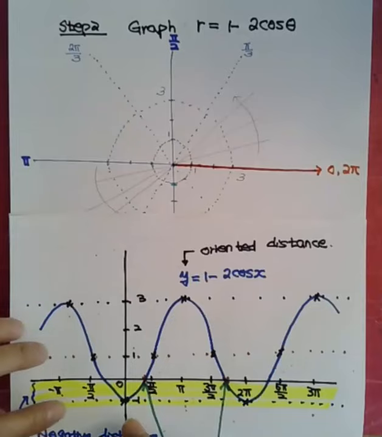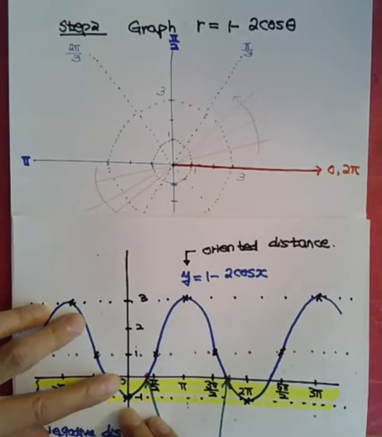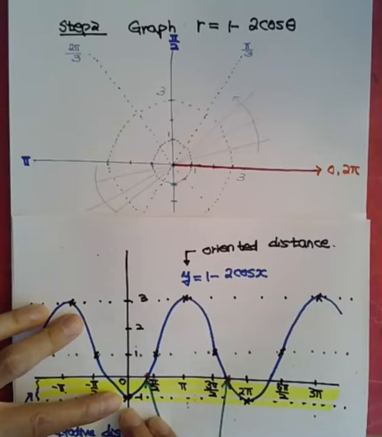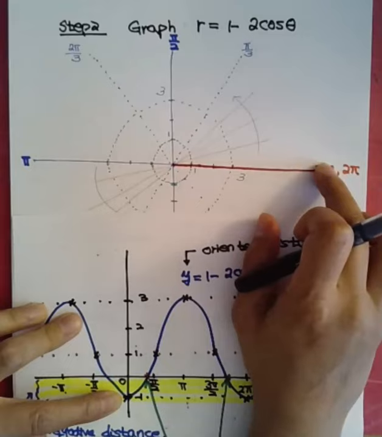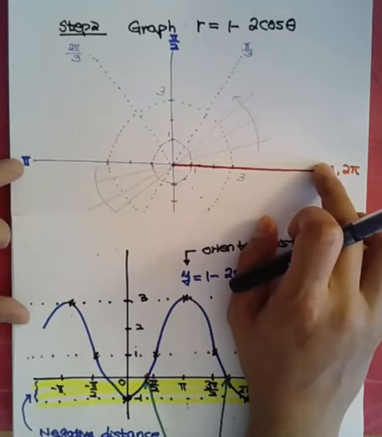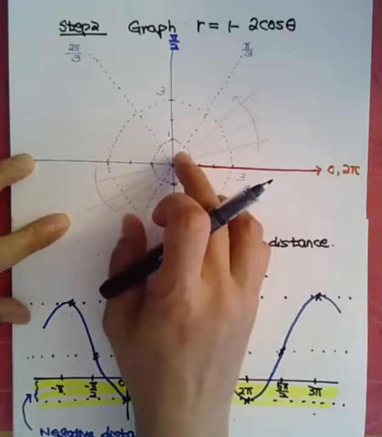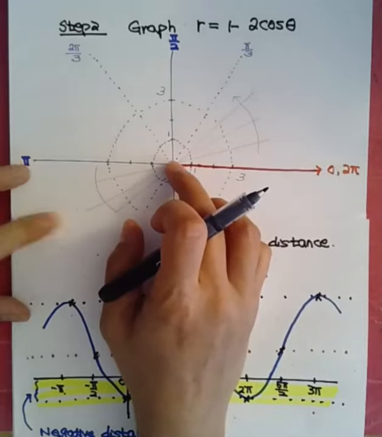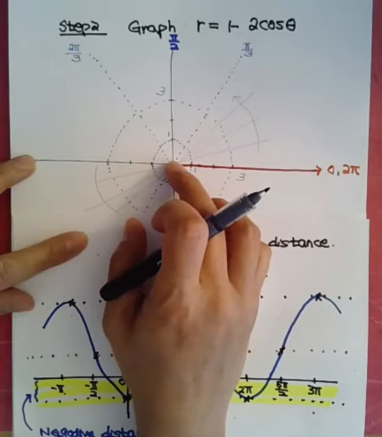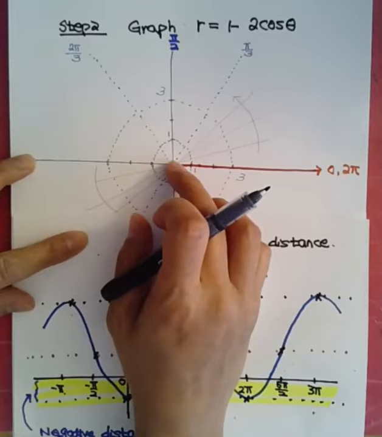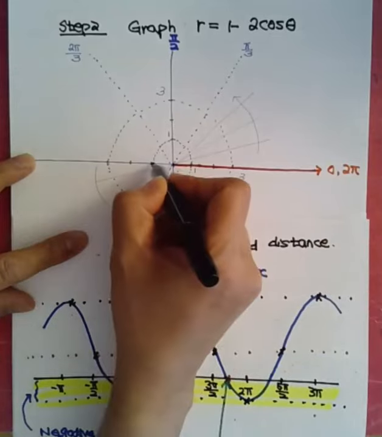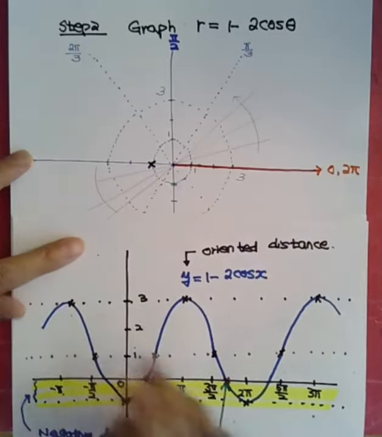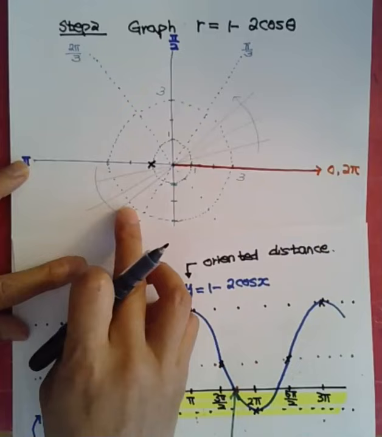In this graph, we see that when the angle is 0, the distance is -1. Angle 0 is the positive x-axis, but we are thinking about the negative distance, so we are considering the negative x-axis. And the distance between the origin and the point will be 1, so we start at this point. And we vary the angle in this way.